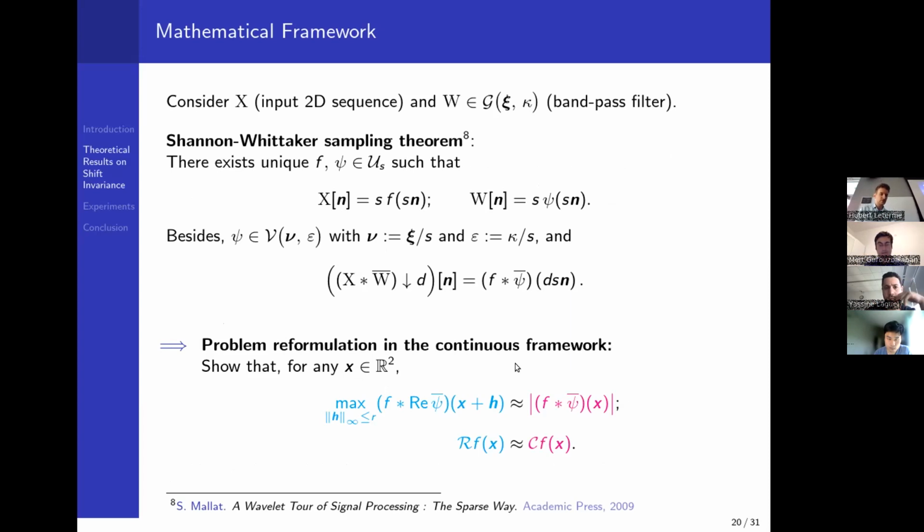So before proving equivalence between the two operators in the discrete framework, we will first consider a closely related problem in the continuous framework. So we want to show that the maximum value over a sliding window of the convolution with a real valued filter is approximately equal to the convolution with a complex valued filter as shown here.